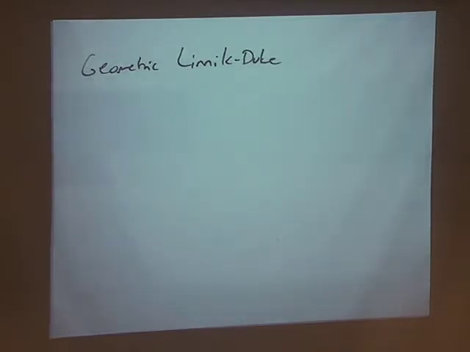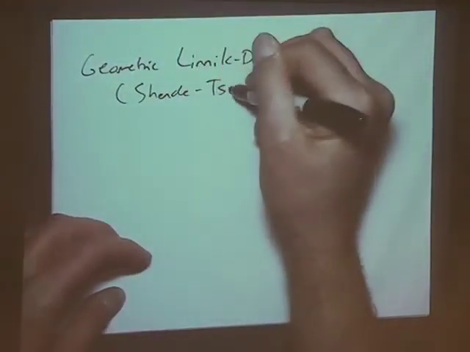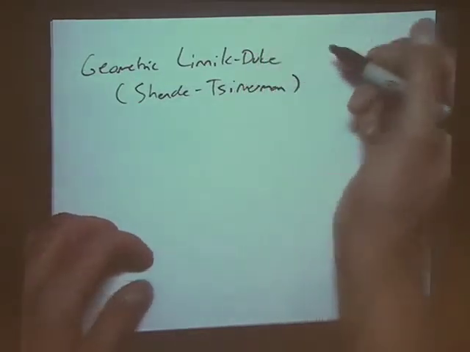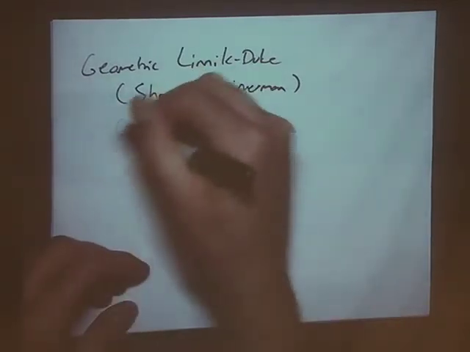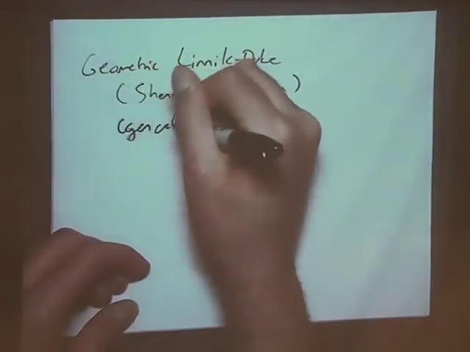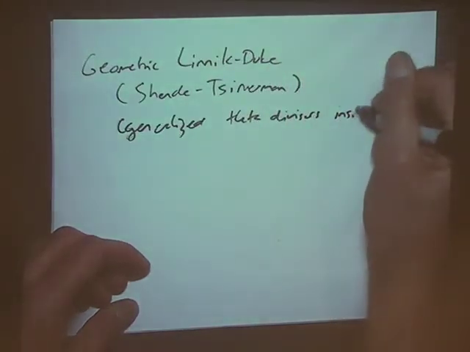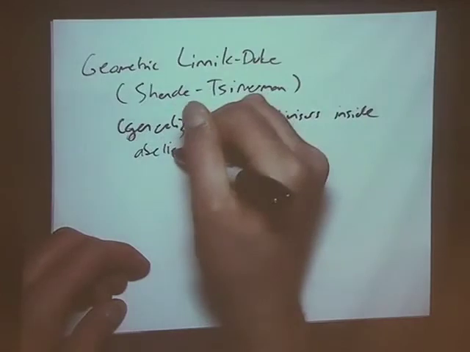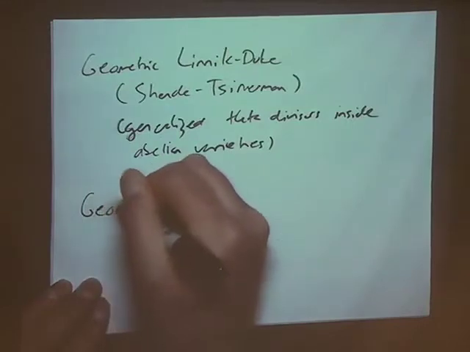There's a very beautiful recent paper, which I highly recommend, by Vivek Shende and Jacob Zimmerman, who show that when you ask this question over a function field, you can prove the analog by the exact same method, by computing the stable cohomology of some families of varieties, and in this case the varieties are generalized theta divisors inside abelian varieties.